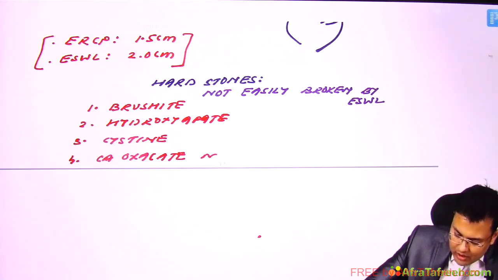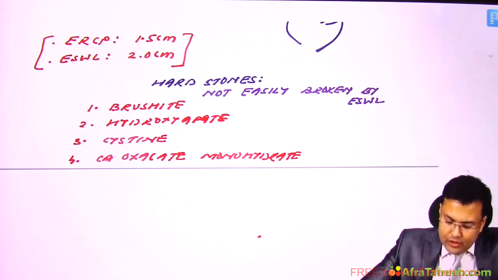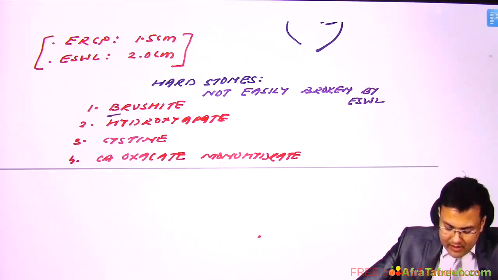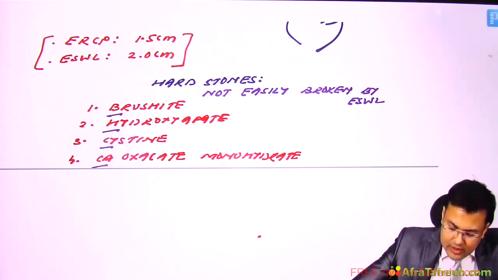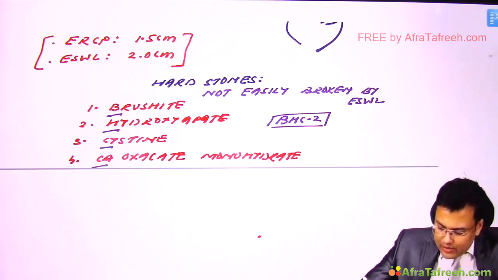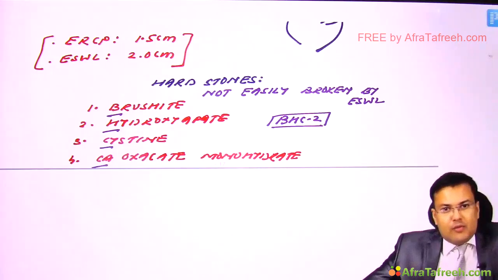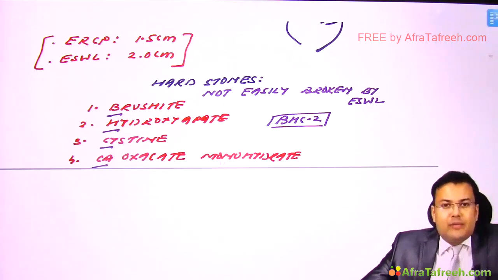Right? All these questions were asked in exams. So how to remember? The mnemonic is BHC2. So any stone can be removed by ESWL; these are the exceptions. The size should be within 2 cm and the stone should not be very hard.